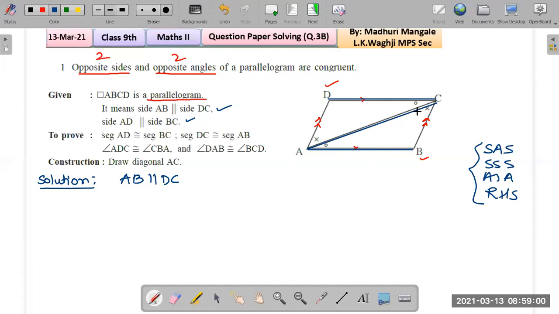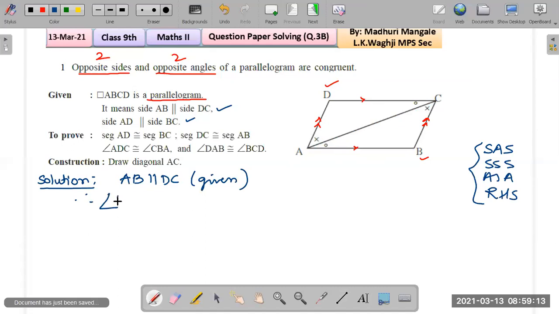That is by alternate angles, right? Because Z formation means alternate angles. So quickly I'll mention it over here. These two sides are parallel. From where did we get that? It is given. Therefore angle DCA is congruent to angle CAB.